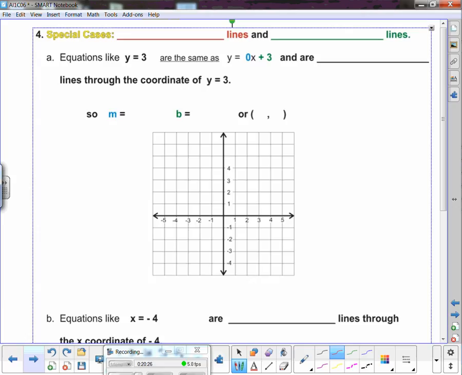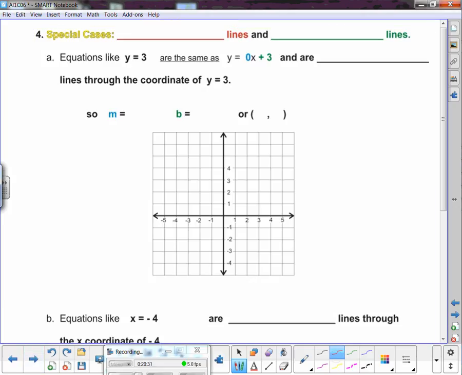All right, let's get to the last issue, some special cases. And this gets back to what was on the quiz already, horizontal lines and vertical lines. If you had y equals 3, it's the exact same thing as y equals 0x plus 3.